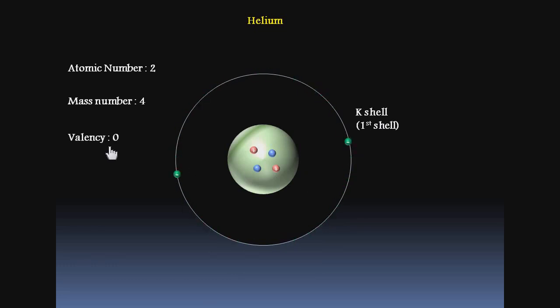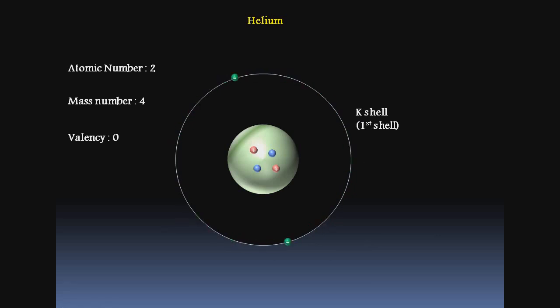Already we have told helium is the exception for the formula to find the valency, because helium is a noble gas. It achieves the stability because the first shell or K shell is completely filled.